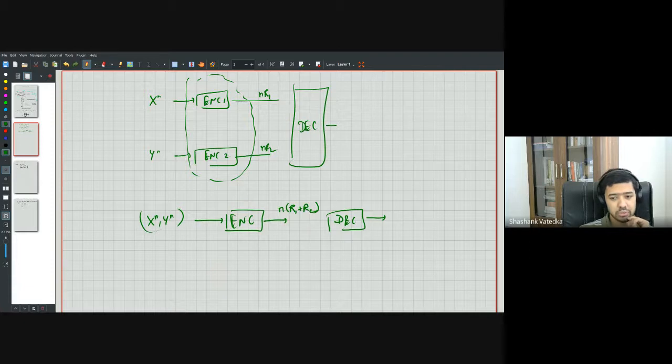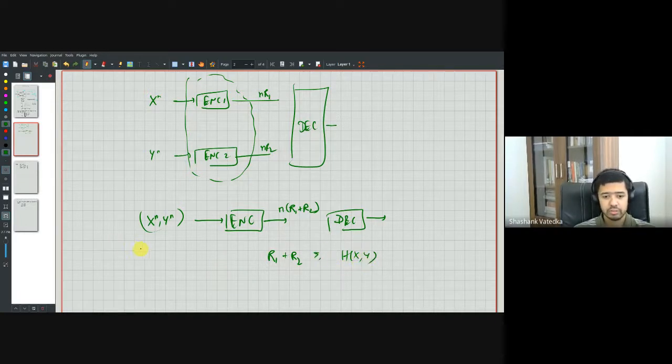So how small can R1 plus R2 be made? This is the joint entropy of x comma y. You can make R1 plus R2 arbitrarily close to H of x comma y.